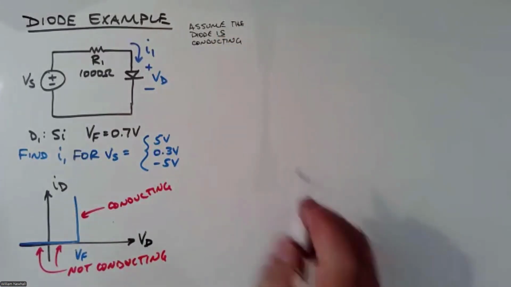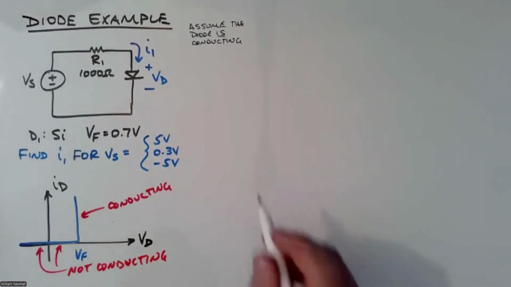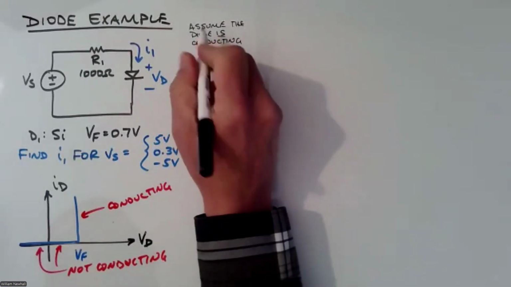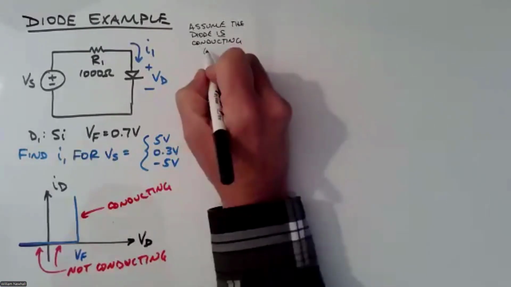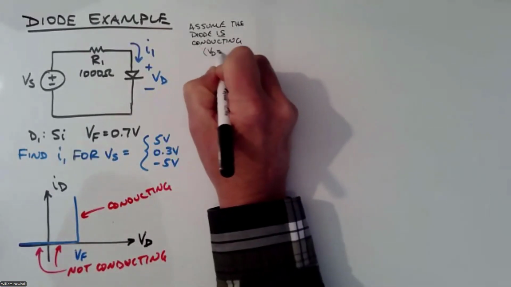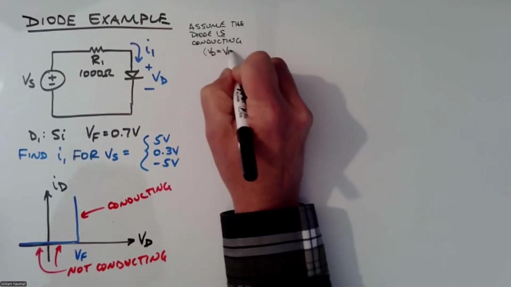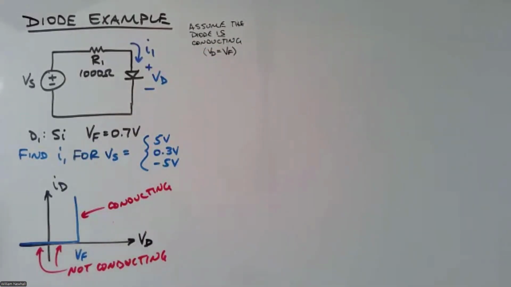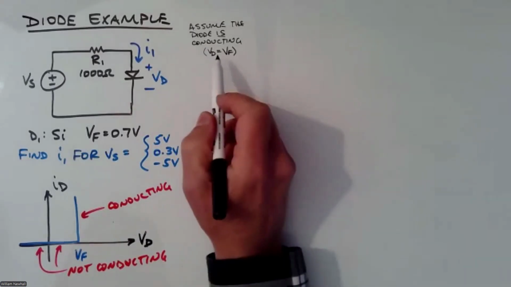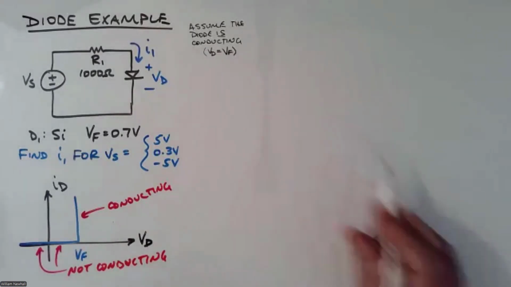So we're going to assume the diode is conducting. So what does that mean for the diode to be conducting? That means, using this approximation, the diode voltage equals V sub F. And when we make that assumption, we're going to check that assumption.